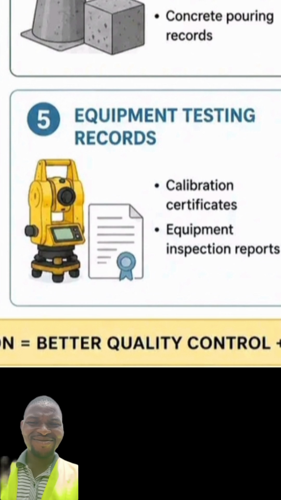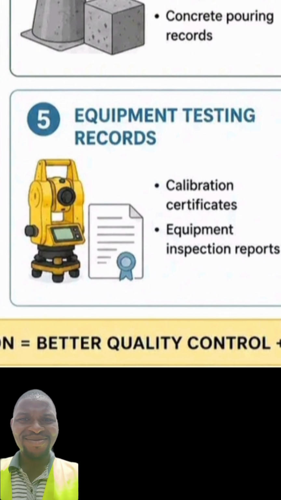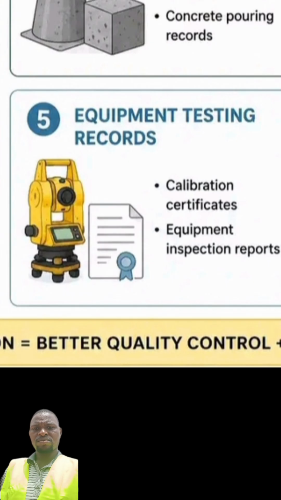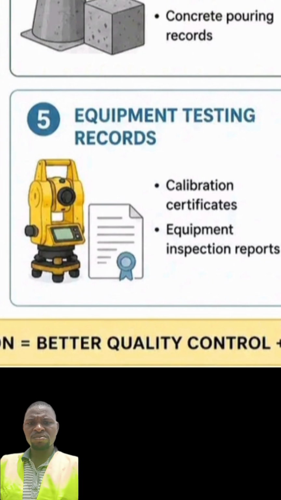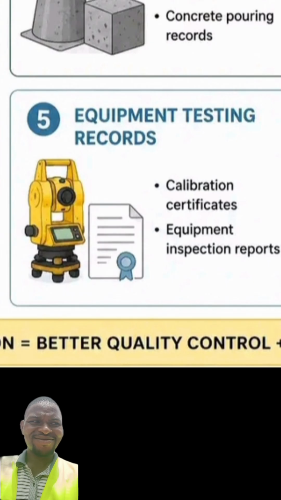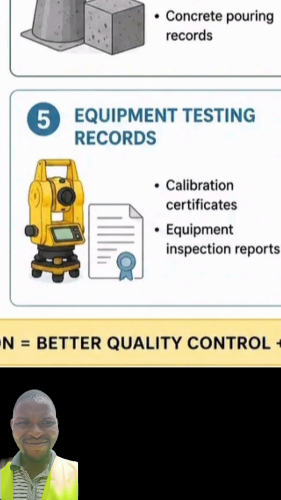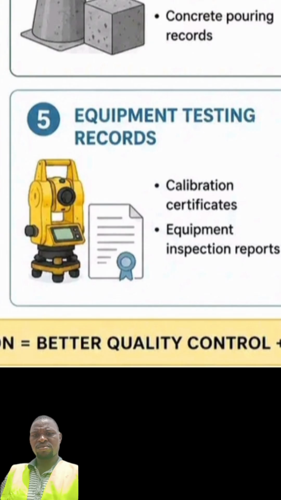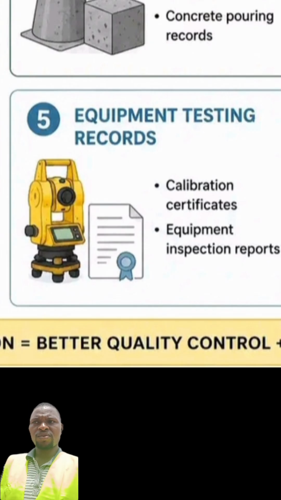So we have equipment testing records. These records help you to test the calibration, and maybe the tripod of the dumping level and so on. Under these equipment testing records, we have the calibration certificate. You check to know that it is functional, then you issue a certificate for the calibration, then the equipment inspection report.